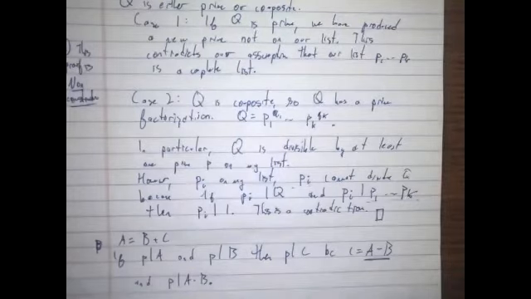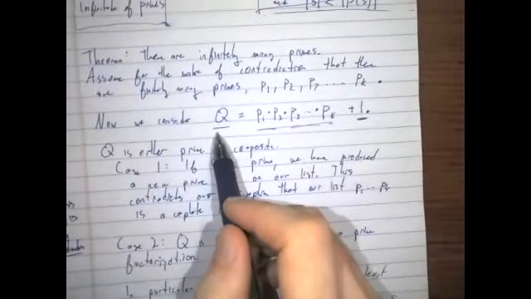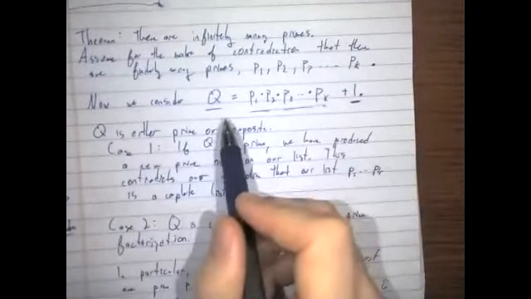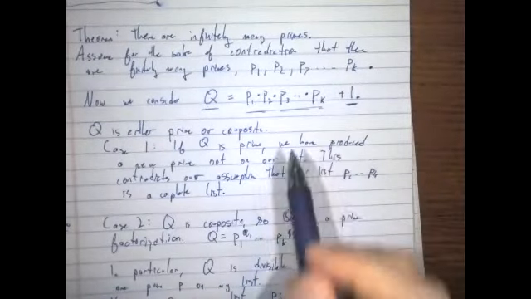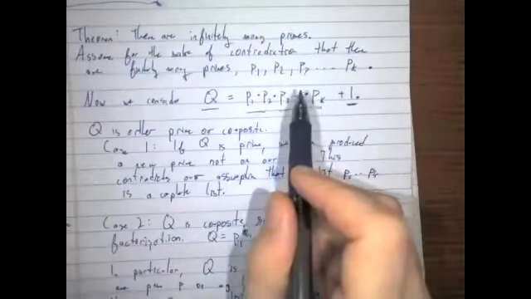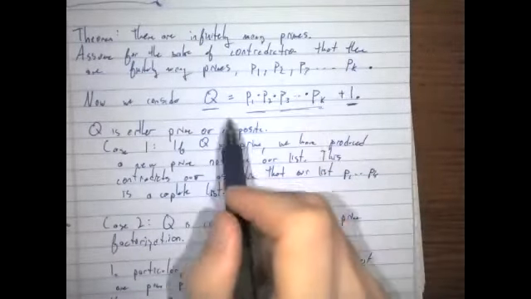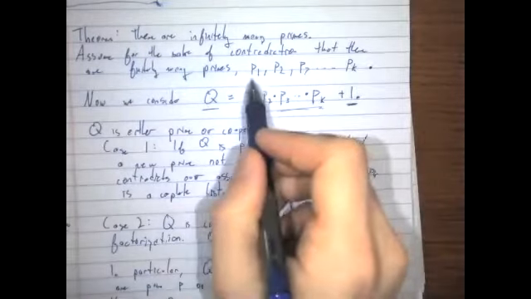So Pi was Pk plus 1? No. The point here is that if Q is composite, Q must be divisible by some prime. But it's not divisible by any of the primes on this list, because if it were, let's consider P1.